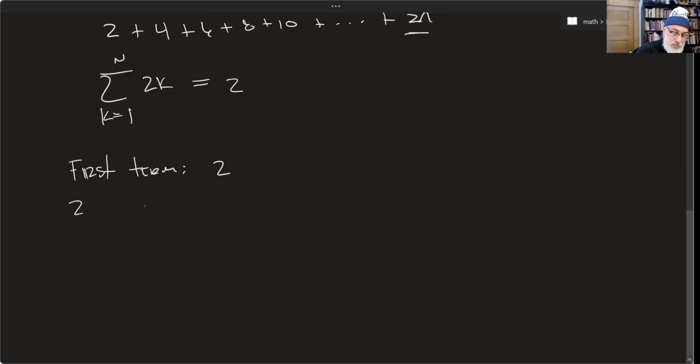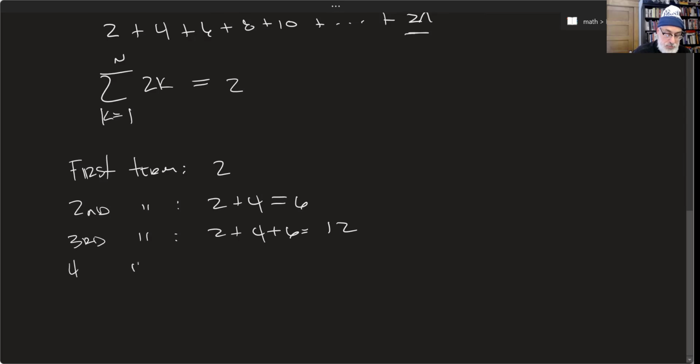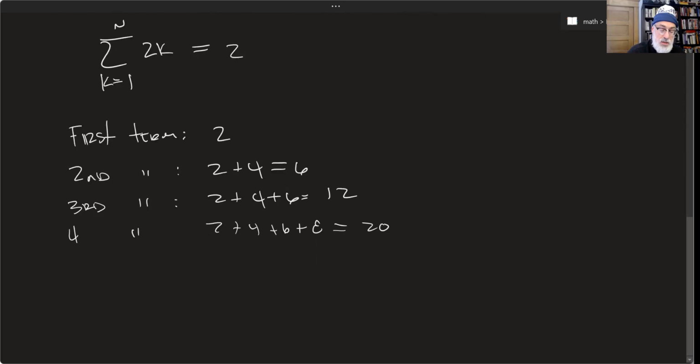The second term is 2 plus 4, which is 6. The first 3 terms is 2 plus 4 plus 6, and that is 12. First 4 terms is 2 plus 4 plus 6 plus 8, which is 20. And so on and so on.